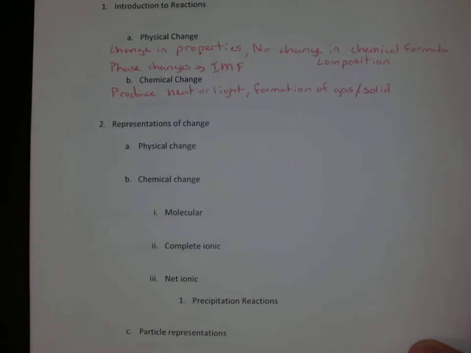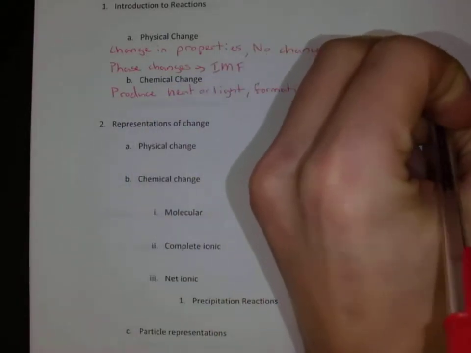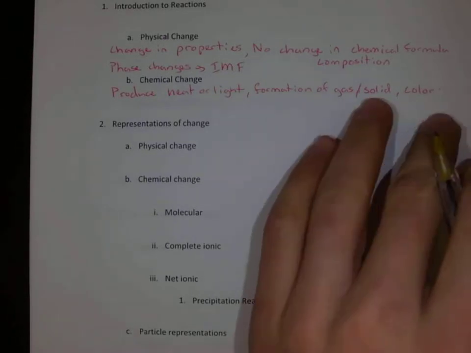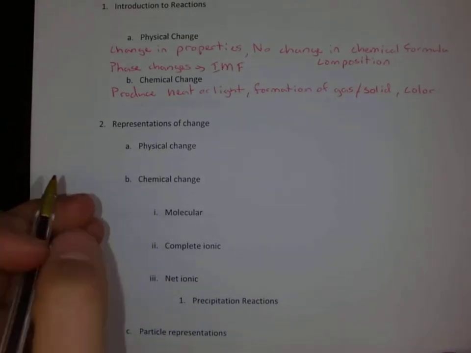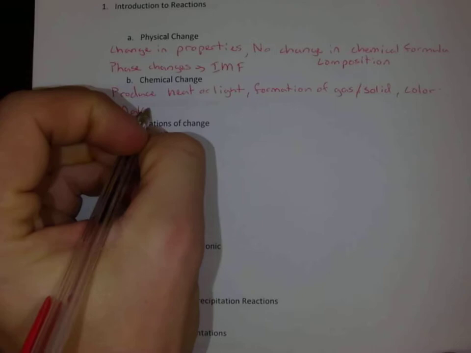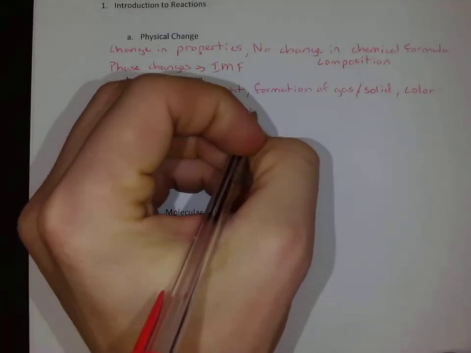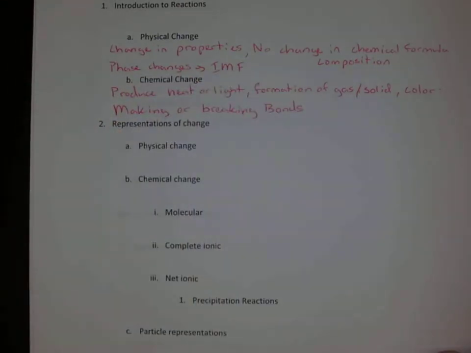If we started from a liquid phase and we produce a solid or we produce a gas, that's an indication of a chemical change. We could have color changes, but really, all of these are just indicators that a chemical change could be occurring, right? But really, what it comes down to is making or breaking bonds. Okay? So it's making or breaking of our chemical bonds.